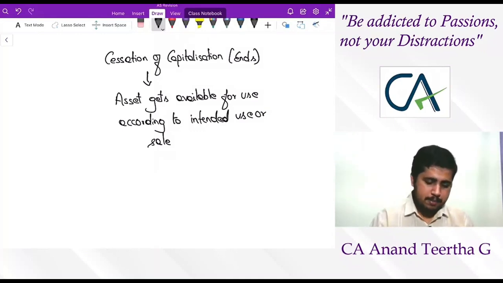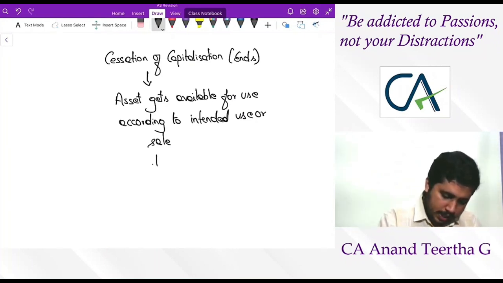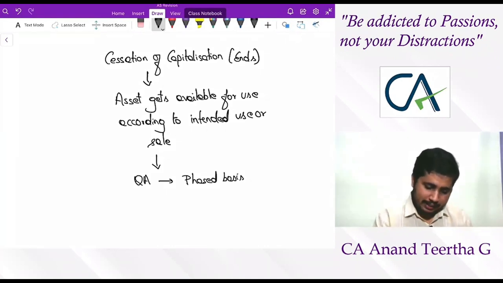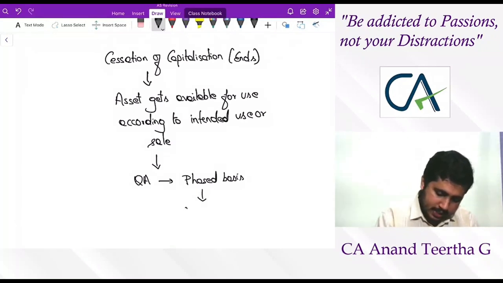Sometimes we say, if at all there is any qualifying asset which could be completed on phased basis, step by step basis, and each step, as soon as it gets completed, you can occupy them, then cessation is done also in a phased manner.